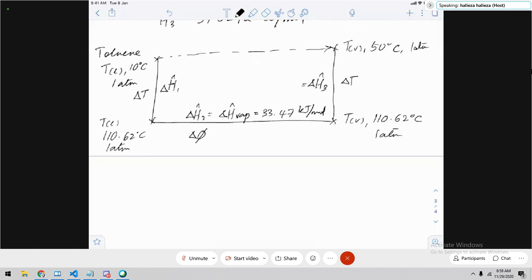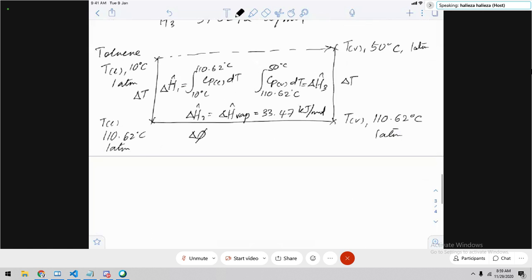Step 1 is just a change of temperature, so from 10 degrees C to 110.62, your CP will be that of liquid toluene with respect to temperature. For the third step, it changes from 110.62 to the final temperature, so that's the CP of toluene in the vapor phase with respect to temperature.